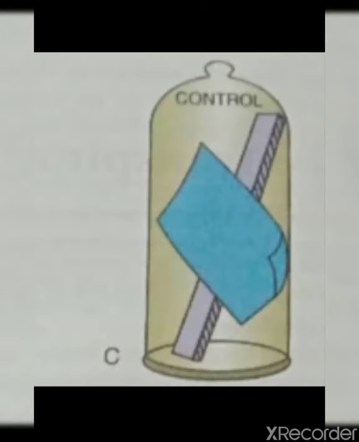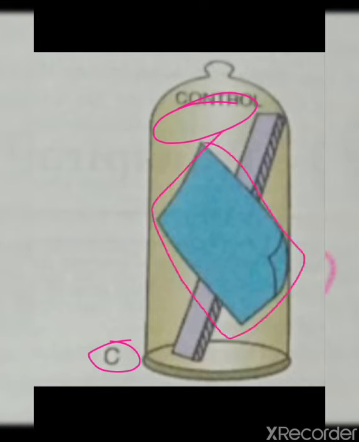When we observe the third bell jar C, inside the bell jar there is no water drop, and the color of the cobalt chloride paper is unchanged. Is it clear, class? You can see that the blue color of the cobalt chloride paper does not change at all, and there are no water drops on the jar's inner walls.